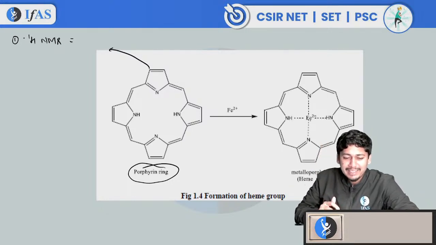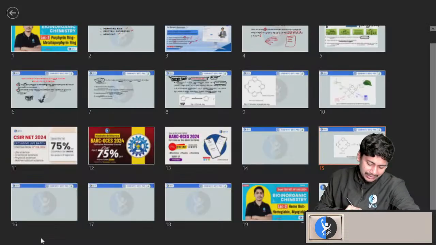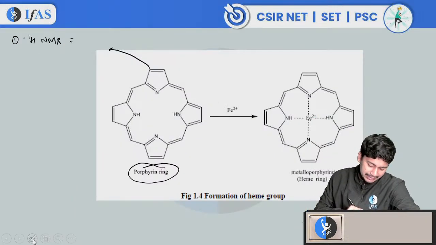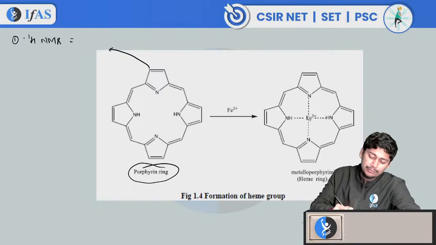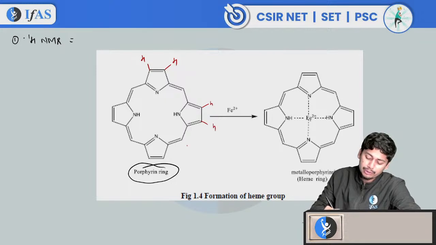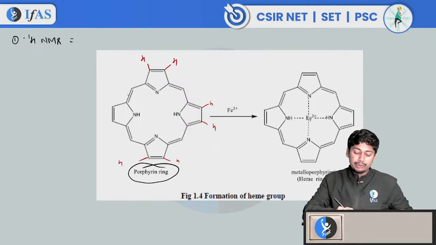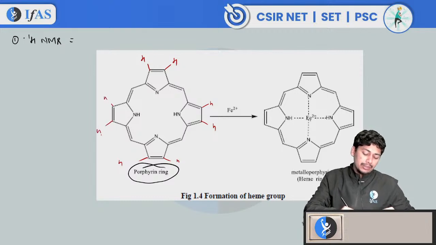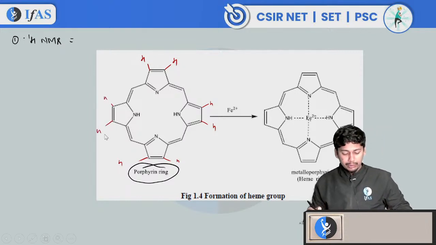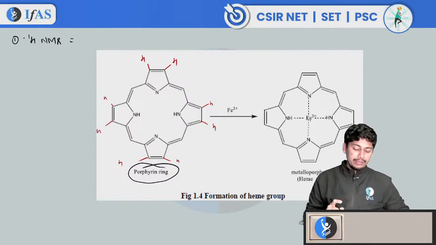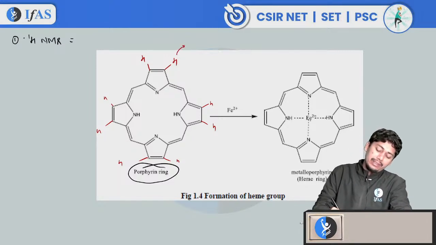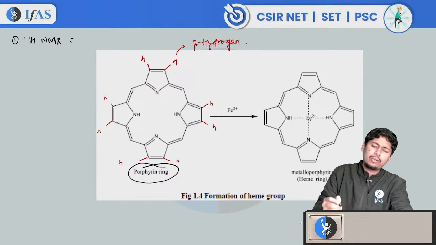So let us try to understand what the different types of hydrogens present in this ring are. First of all, if you see this ring carefully, you will find the pyrrole hydrogens here, 1 and 2. You will get a signal for these hydrogens, and these are termed beta hydrogens because they are not alpha.